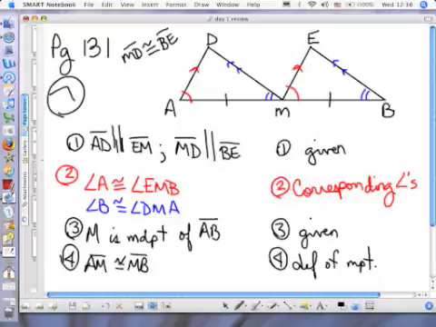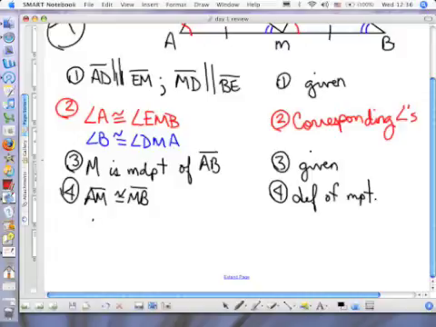Okay, MAD and BME. And we said that was through angle side angle.